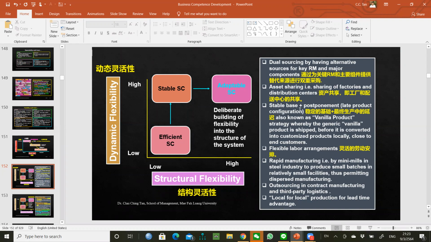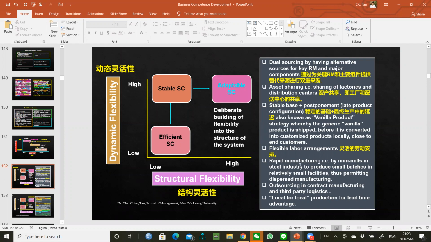Some products you can manufacture in your country, and then you export or deliver them to your own distribution centers or to other distribution centers in another nation, and from there they can customize it, right? We call it vanilla product, vanilla top it up, right? It's also known as the vanilla product strategy, whereby the generic vanilla product is shipped before it is customized into all these different tastes.